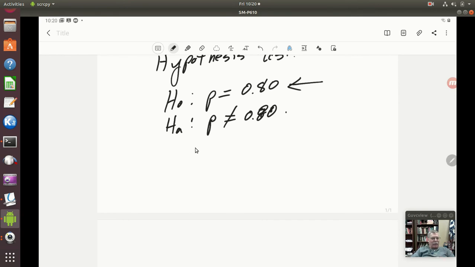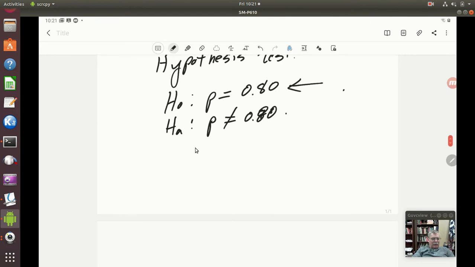The reason for that is when we made our confidence interval for this data, I think it was something like 0.6725 up to 0.8725 or something like that.